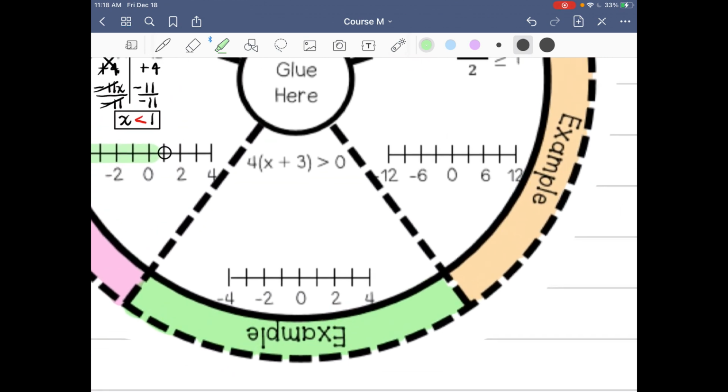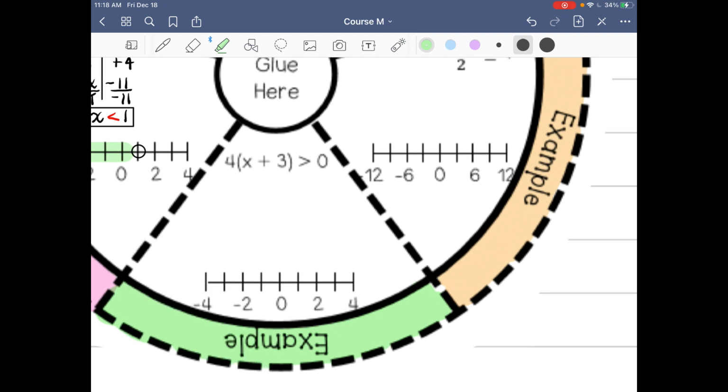The example of multiplying. We have some distribution to do right here. 4 times x is 4x. 4 times 3 is 12, and that is greater than 0. So power T, variable and constant, and let's move the 12.